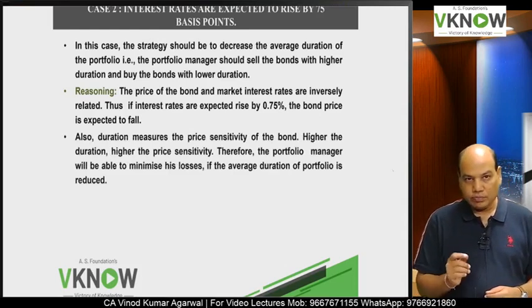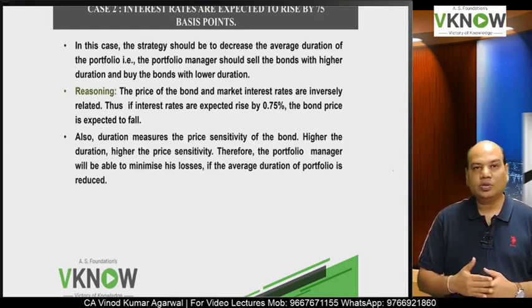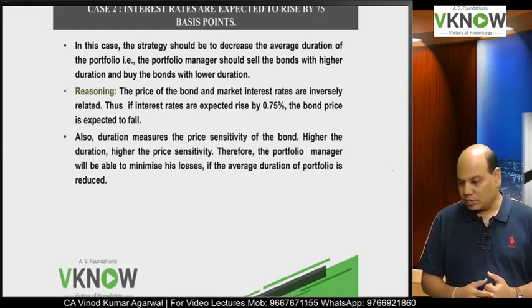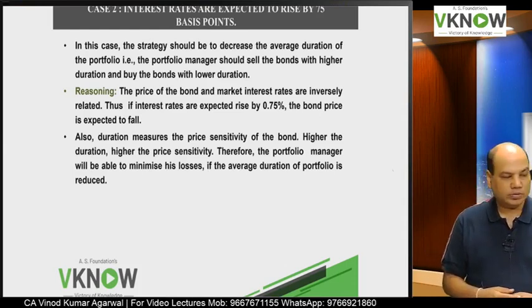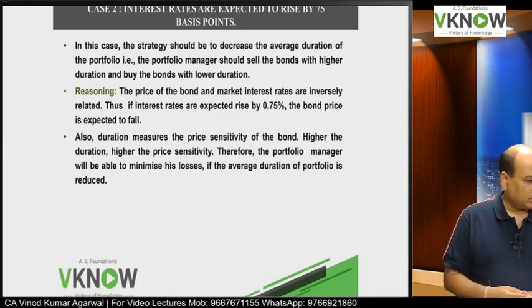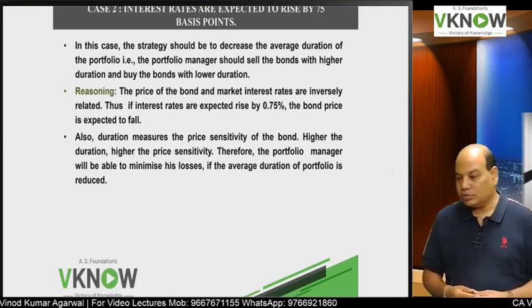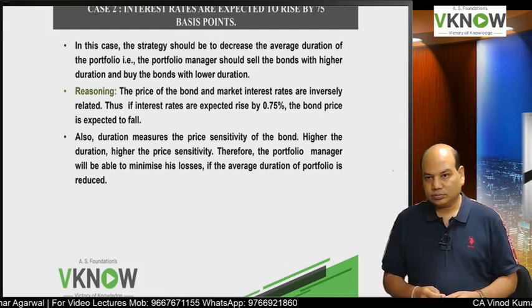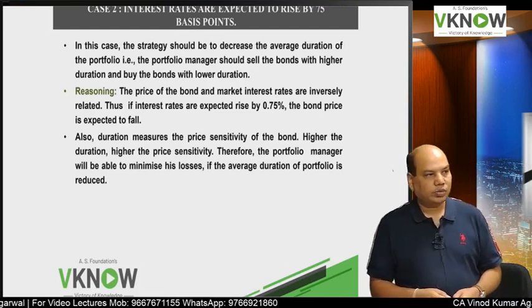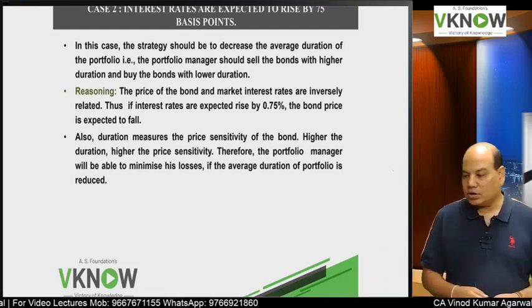Then write down the same sentence, if you want to write it, otherwise you can skip it. Duration measures the price sensitivity of the bond. Higher the duration, higher the price sensitivity.